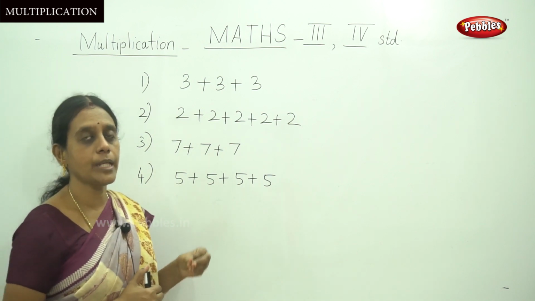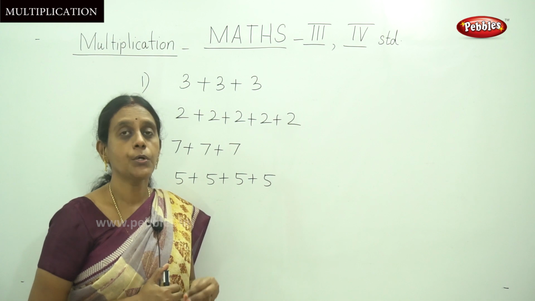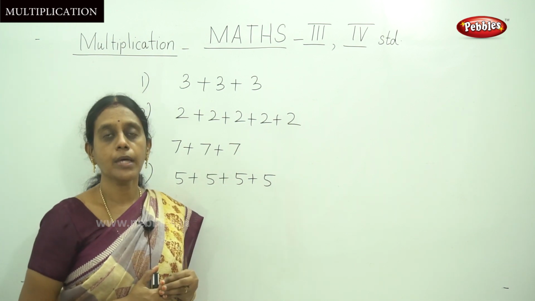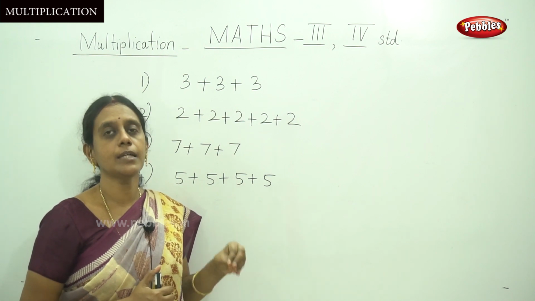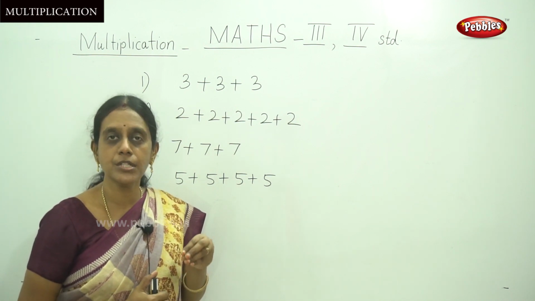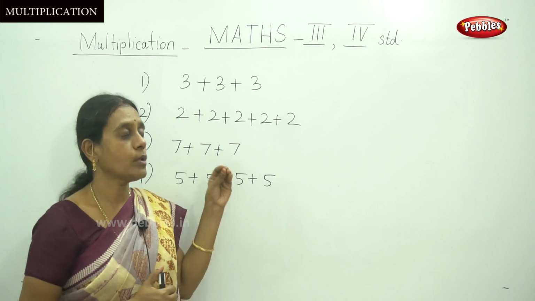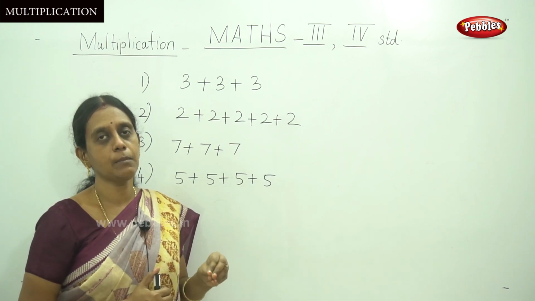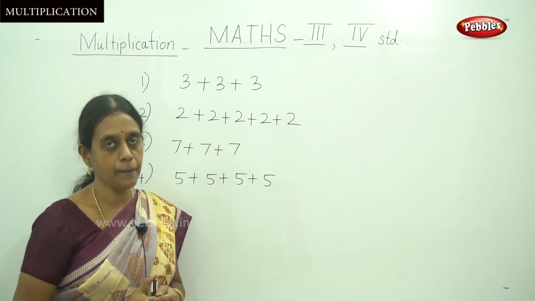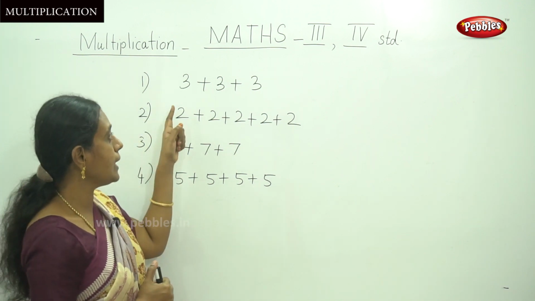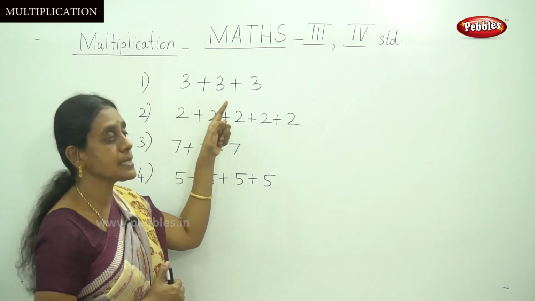It is very important and necessary for this topic. Your daily routine should be learning the multiplication tables, all from 2 table to 10 table. So you should learn the multiplication tables by heart.